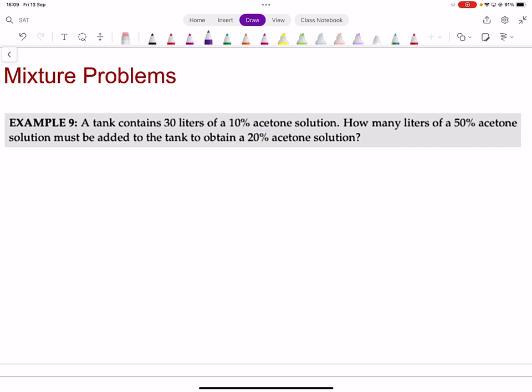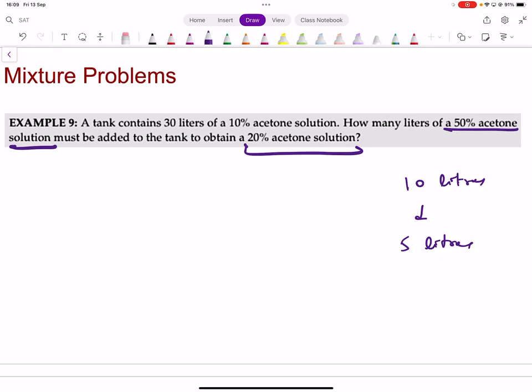How many liters of a 50% acetone solution? You have another solution जिसके अंदर 50% acetone है. For example, अगर उसमें 10 liters होंगे, उसमें 5 liters acetone के होंगे. So one solution is 10% and the other is 50%. How many liters of this 50% solution must be added to obtain a 20% acetone solution, that the final result contains 20% acetone?